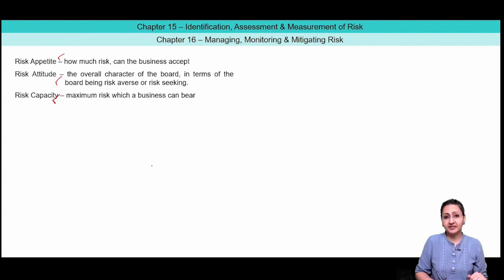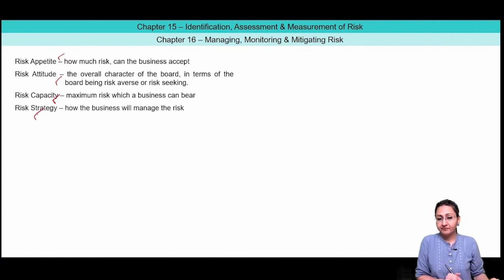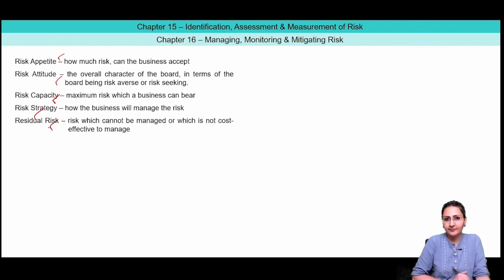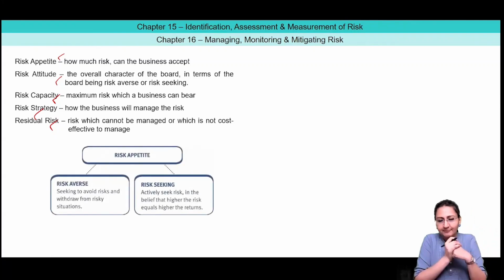Then comes risk capacity, maximum what we can take. That's risk capacity. Risk strategy. Risk strategy is how the business is going to manage the risk. And residual risk. This risk cannot be managed. Either you have to start living with it or you have to leave it unattended, because this is the risk which is not possible to be mitigated or just avoided.